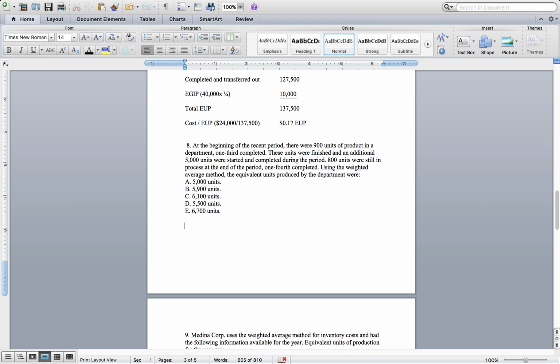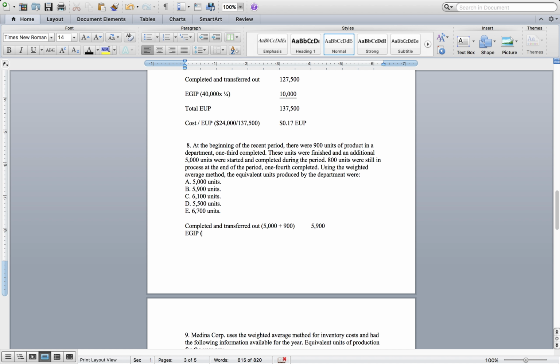So again, let's start. We're going to add up the completed and transferred out. That'll be the 5,000 units, plus you want to add the 900. So all together, that'll be 5,900 units. And then you want to calculate your ending goods in process.